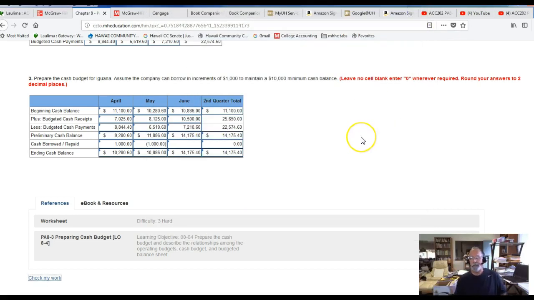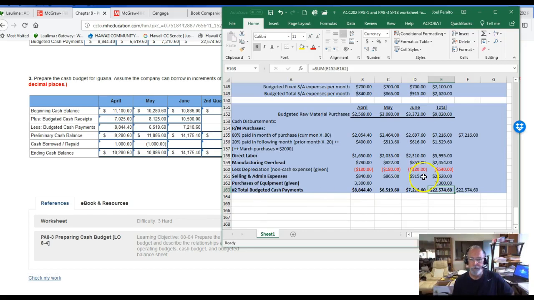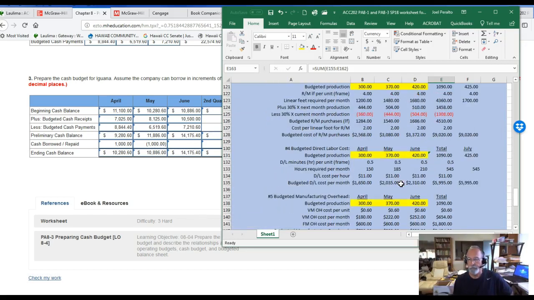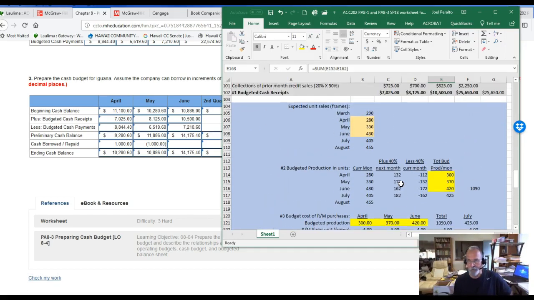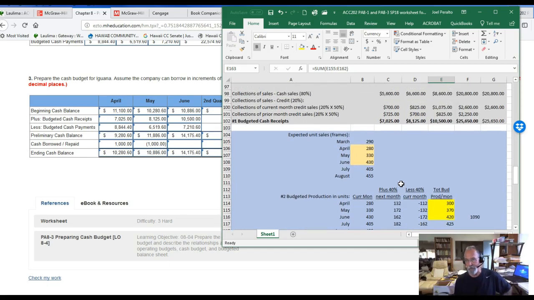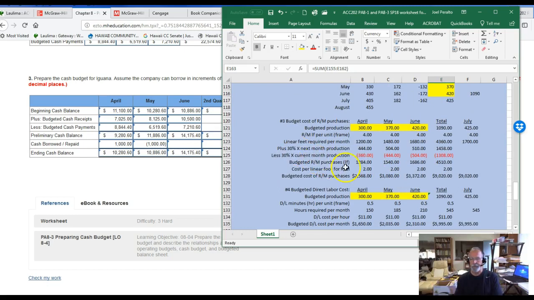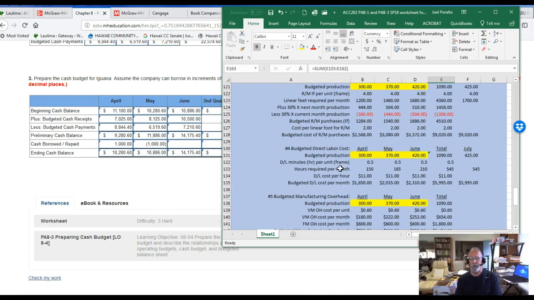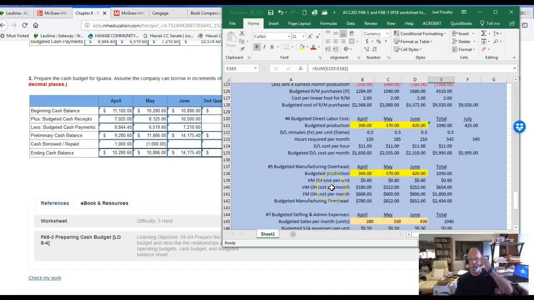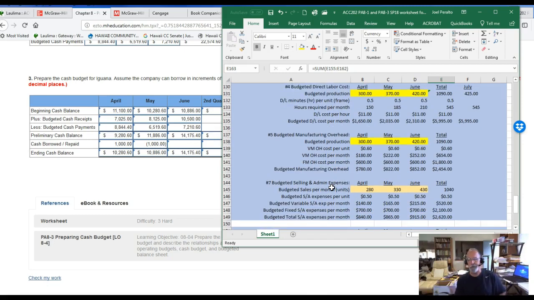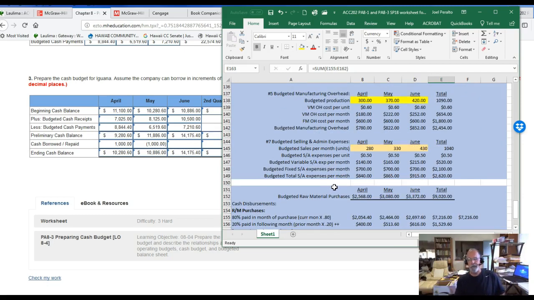Now, I did this pretty quickly. It took me, I guess, about an hour to work through all of the calculations here on the Excel spreadsheet, keeping in mind that these are the same calculations for budgeted cost of raw material purchases, budgeted direct labor cost, budgeted manufacturing overhead, and budgeted selling and administrative expenses.